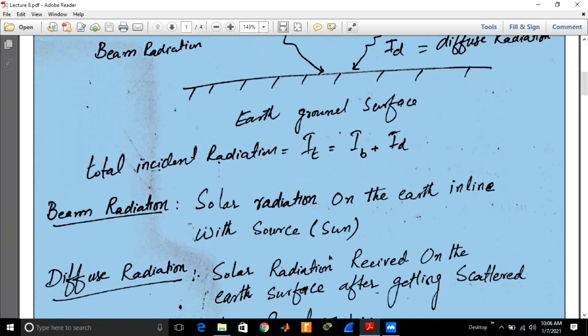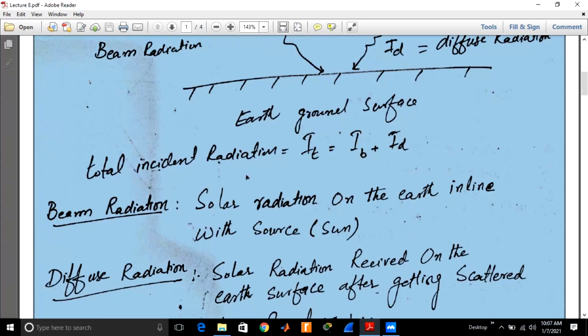So the mathematical equation shows that the total radiation, I mean the intensity of radiation, is equal to the beam radiation plus diffuse radiation. And what is the beam radiation? The solar radiation on the earth in line with the source, the sun, is called beam radiation.